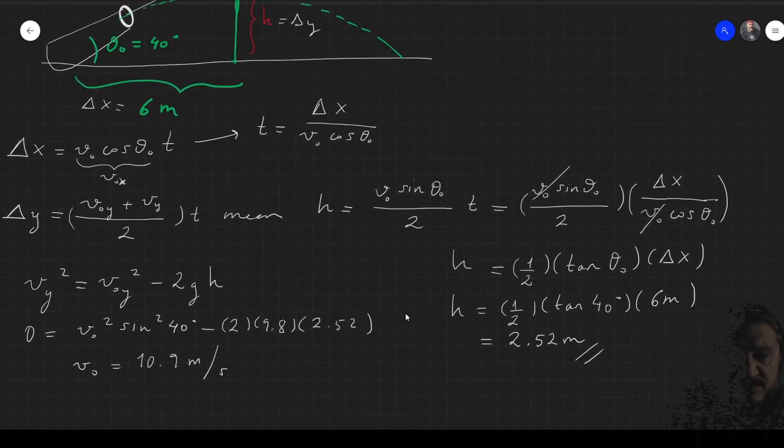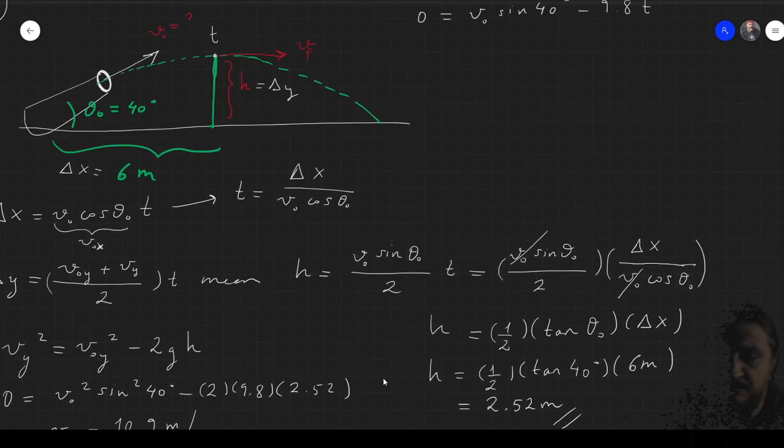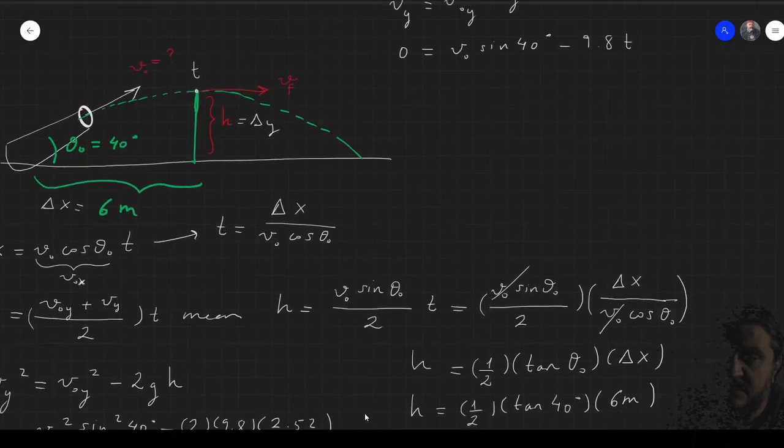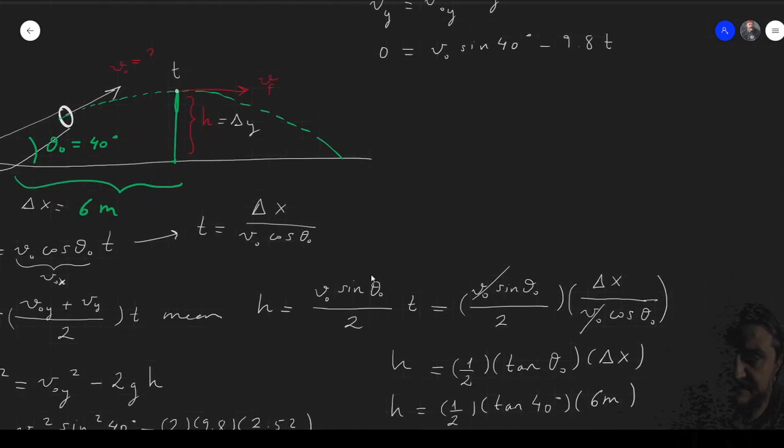You could take that t, which is v naught sine 40 over 9.8, and plug it in h.